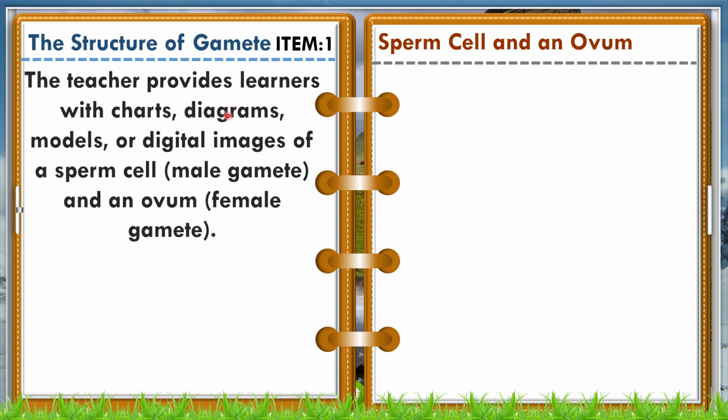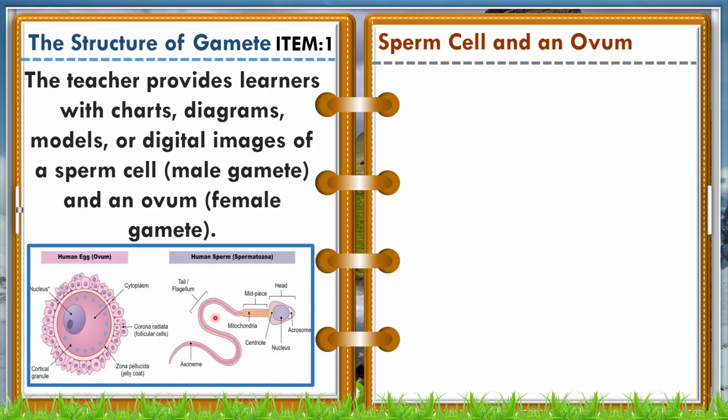The structure of gametes. Item 1: the sperm cell and an ovum. The teacher provides learners with charts, diagrams, models, and digital images of a sperm cell, the male gamete, and an ovum, the female gamete.